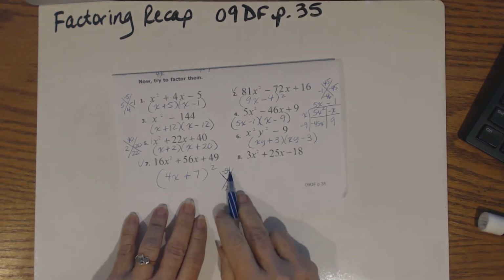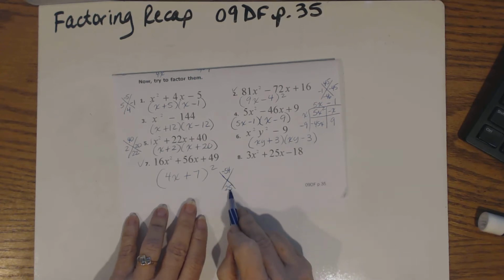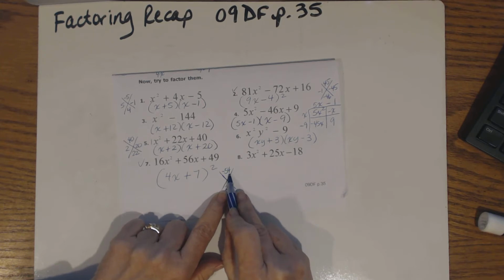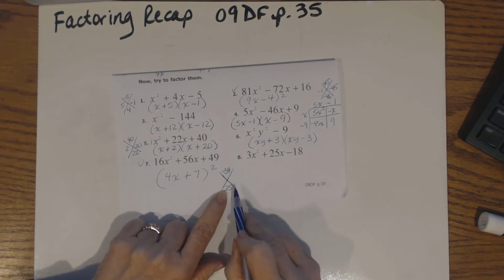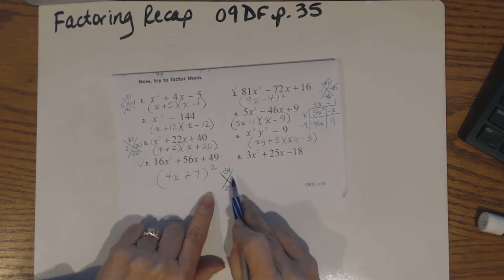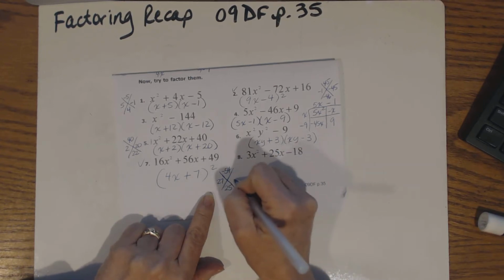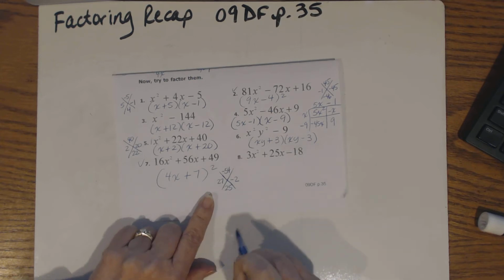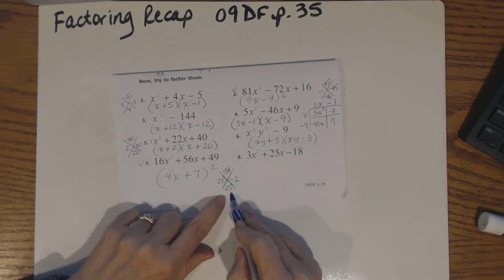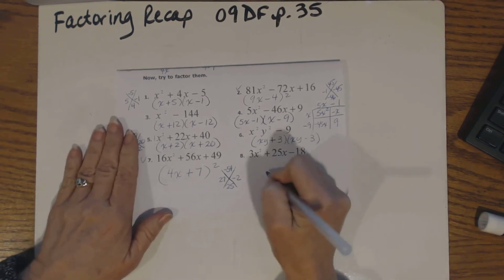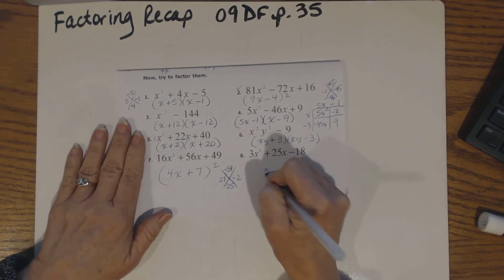If 54 has a lot of factors, one of those factors has to be bigger than 25, because that's the only way I'm going to get negative 54. I have to have a positive and a negative. So as it turns out, 27 times negative 2 will add to 25 and multiply to negative 54. So now I'm going to put these in my box.